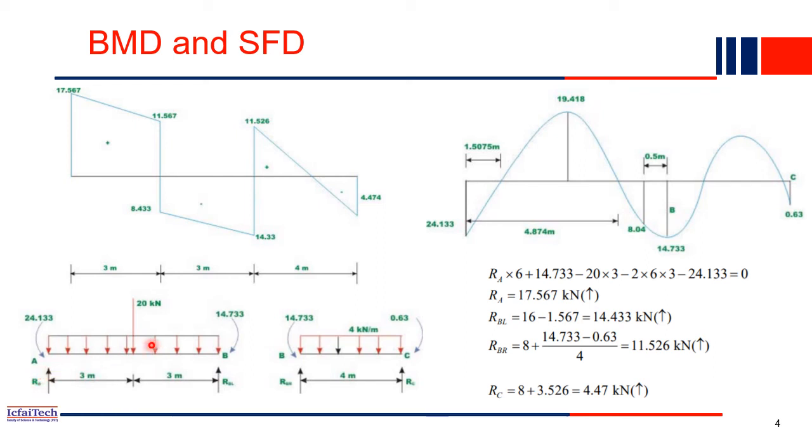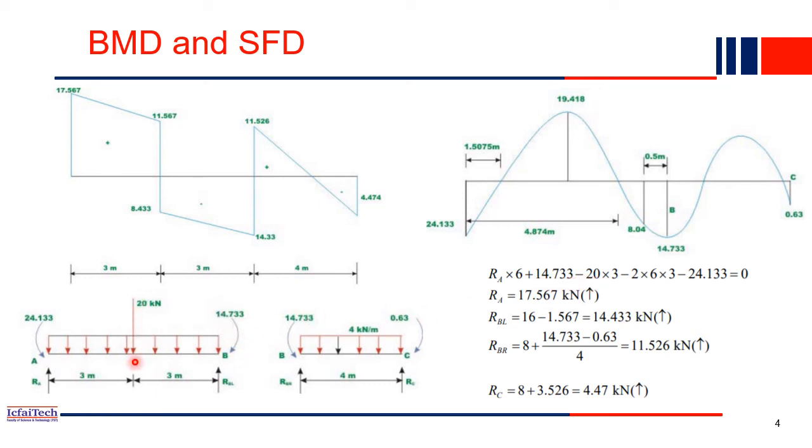Now, this free body diagram is also in equilibrium, right? So just take all the moments about B should be equal to 0. Write down the equation you will get. RA into total distance 3 plus 3, 6. So RA into 6, which is positive because it is acting in a clockwise direction. Another moment is acting at B, which is positive 14.733.